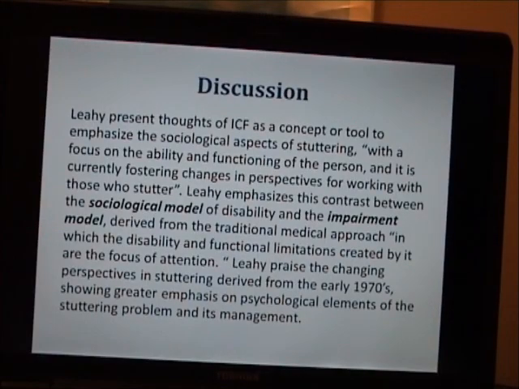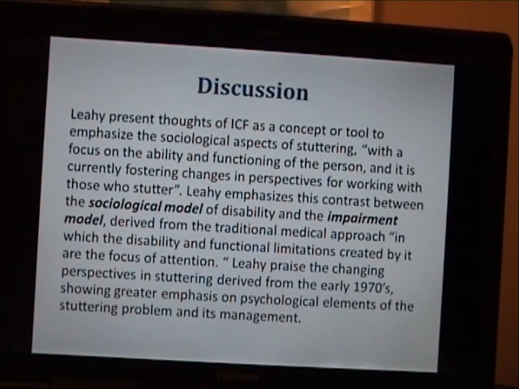To the discussion part, Margaret Lee presents thoughts of ICF as a concept or tool to emphasize the sociological aspects of stuttering, with a focus on the ability and functioning of the person, and it is currently fostering changes in perspectives for working with those who stutter.